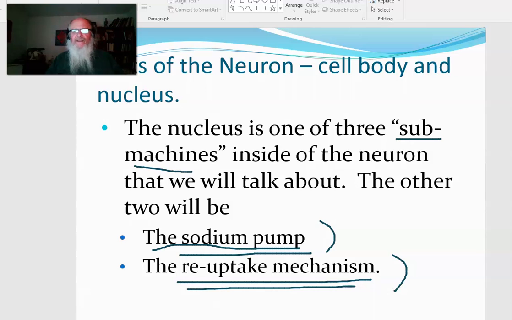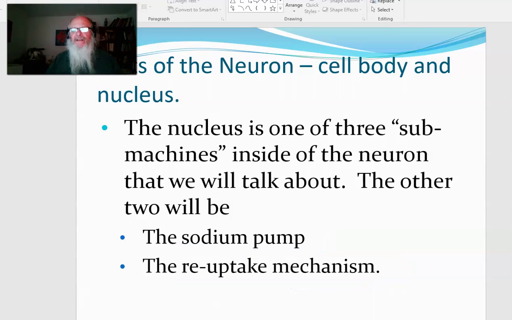And one of the reasons that I think it's helpful to think about the neuron as a machine is, okay, think about machines like your car or your cell phone. In order for those machines to work, they have to access energy. They have to burn fuel. You have to charge the battery with electricity in terms of your cell phone.